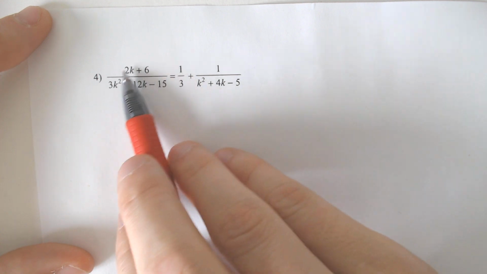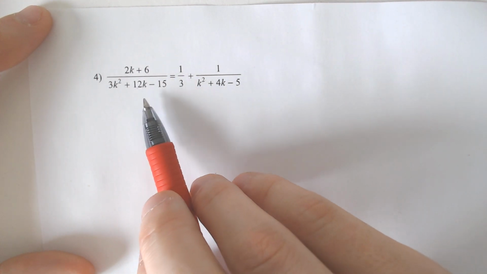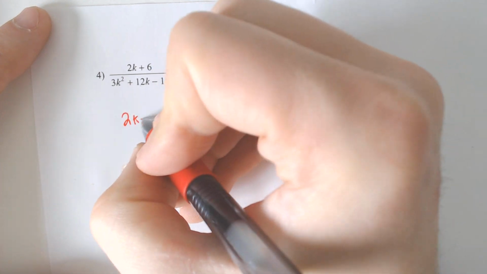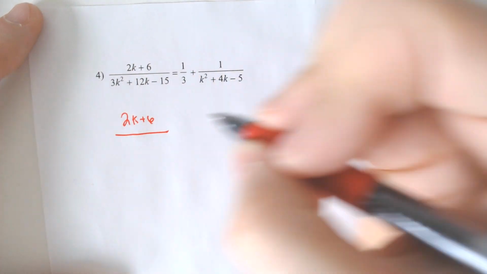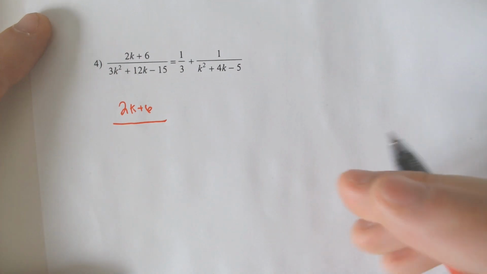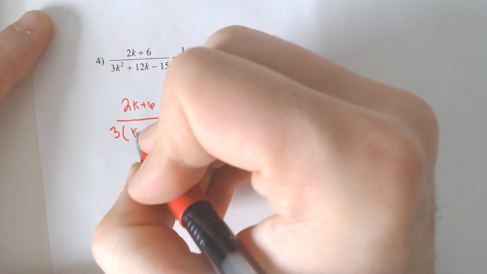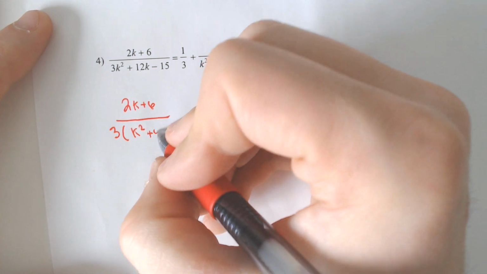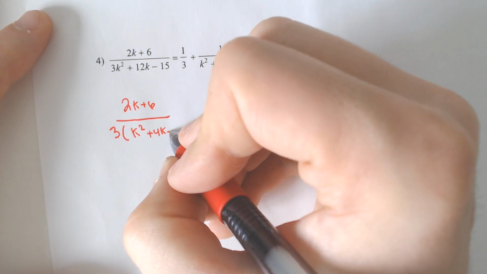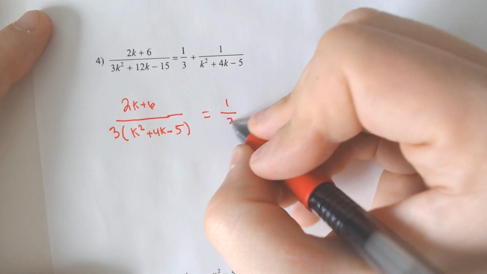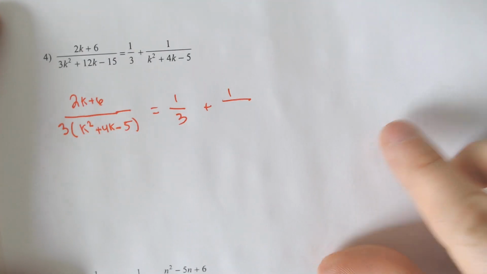Here, we're going to factor everything and anything we can in the beginning because maybe we'll get lucky. If we rewrite it, we're going to get 2k plus 6, which I could factor out a 2 from. I might choose to do that in a minute. I'm going to factor out a 3, giving me k squared plus 4k minus 5 equals 1 over 3 plus the 1 over.